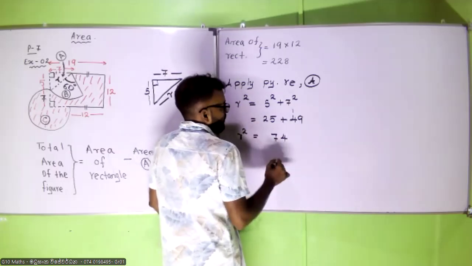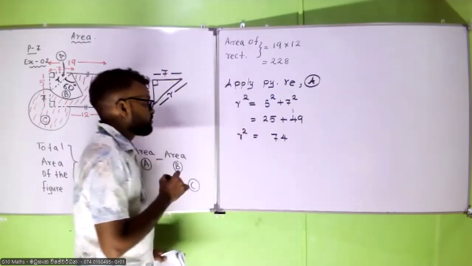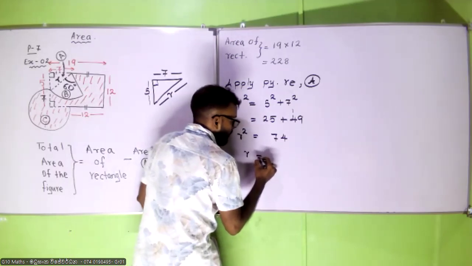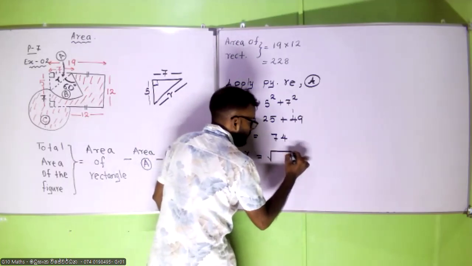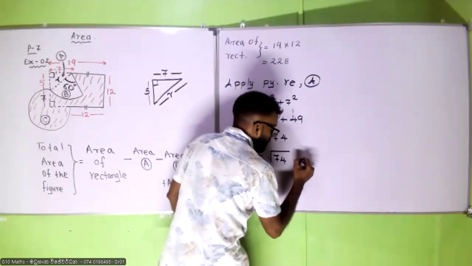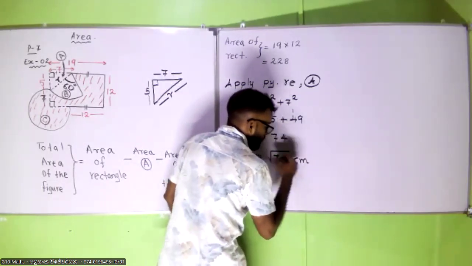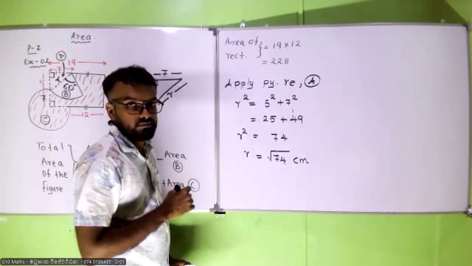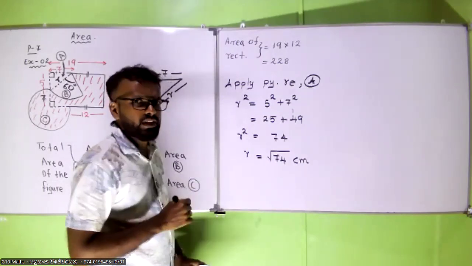So I am going to obtain the value of R. R is equal to the square root of 74 centimeters. I am not going to simplify it.